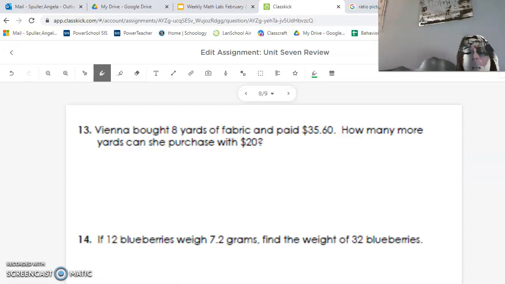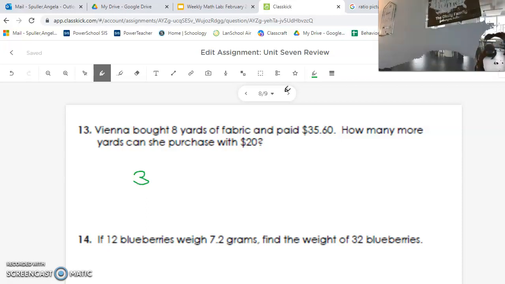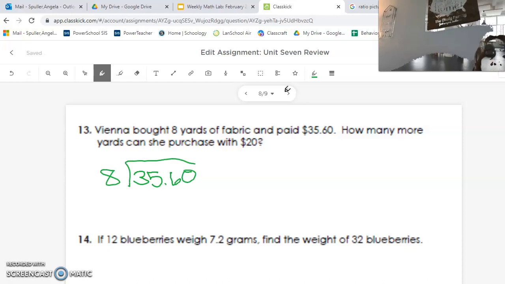All right. Vienna bought 8 yards of fabric and paid $35.60. How many more yards can she purchase with $20? Well, first off, we have to find the unit price. To do that, we always take the price, which is $35.60, and divide it by what we got. So 8. 8 goes into 35 4 times. That gives me 32.